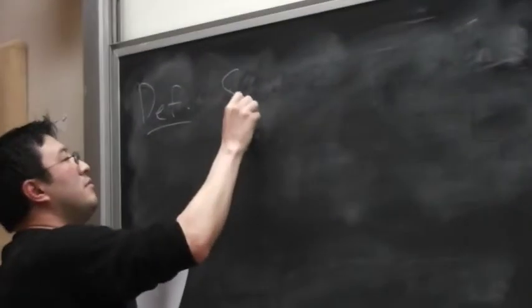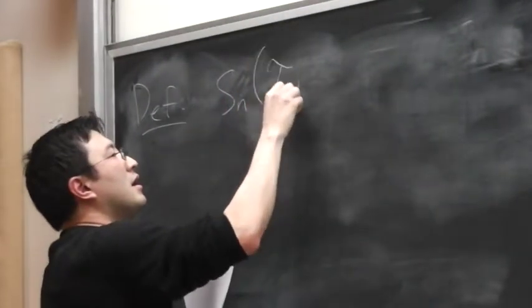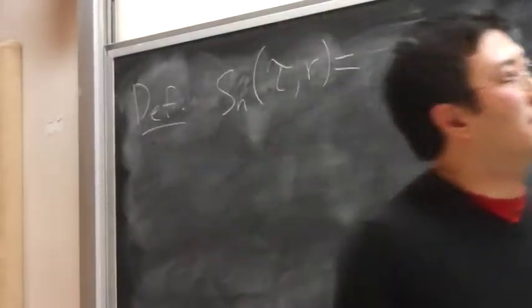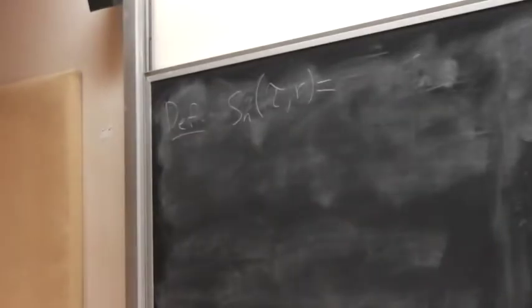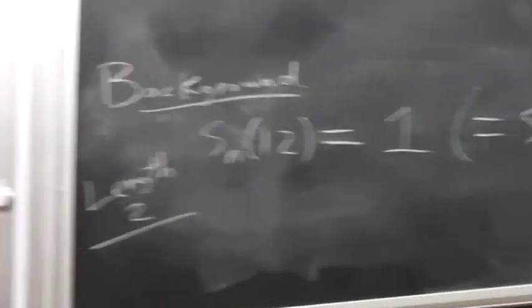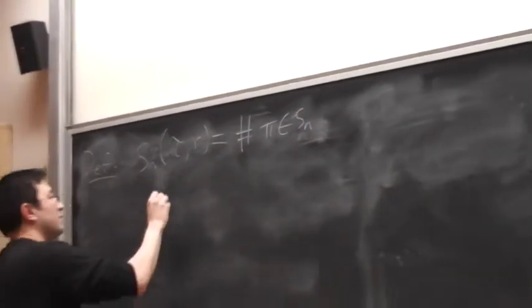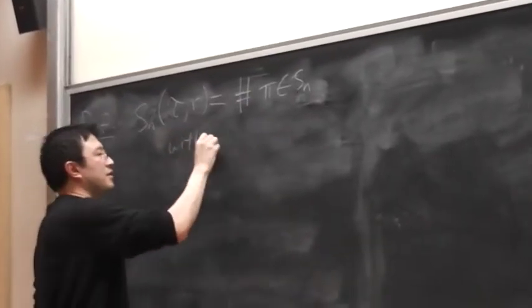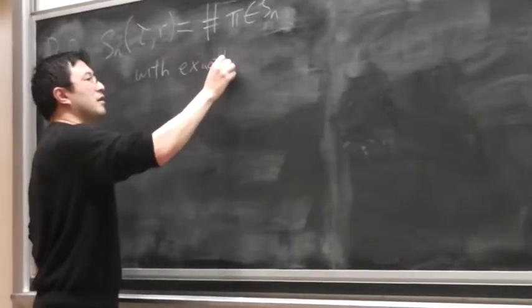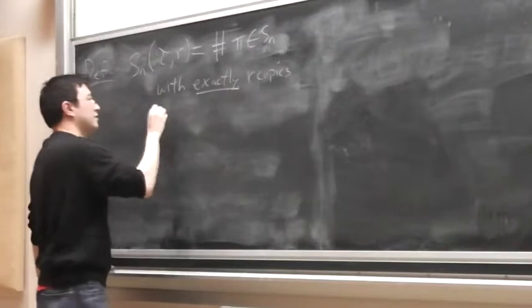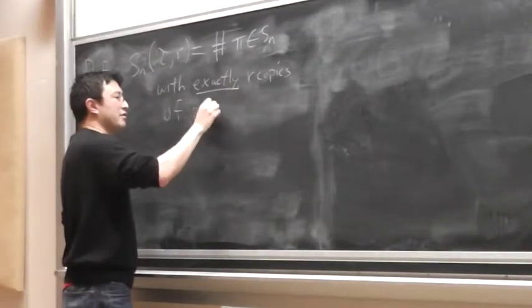I'm going to extend this idea, where now instead of just avoiding a pattern, I'm going to ask how many permutations have exactly r copies of a pattern tau.